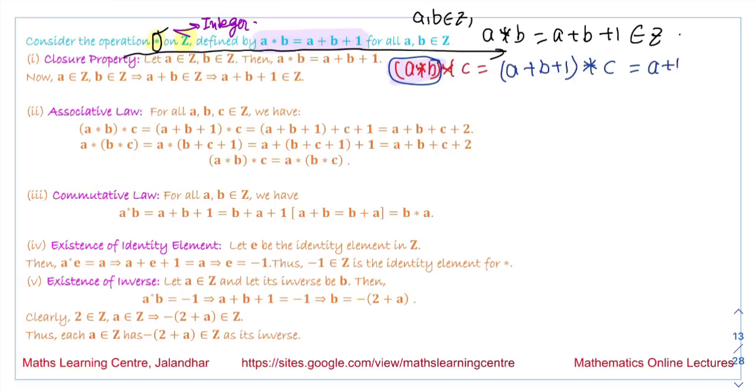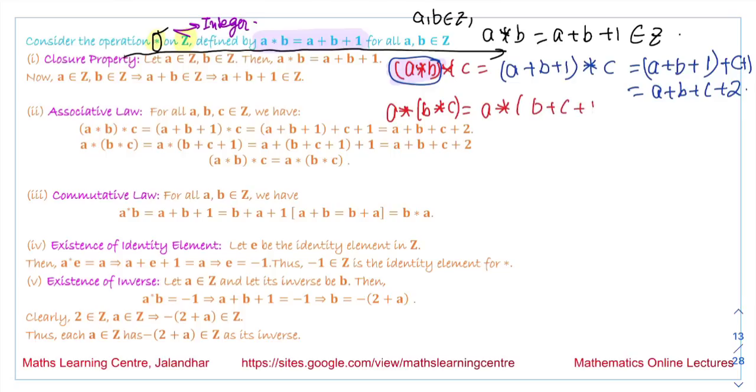This will be equal to A plus B plus 1 plus C plus 1. So the answer is A plus B plus C plus 2. Now if we are calculating the term A star B star C, the answer we obtain is A star B plus C plus 1.